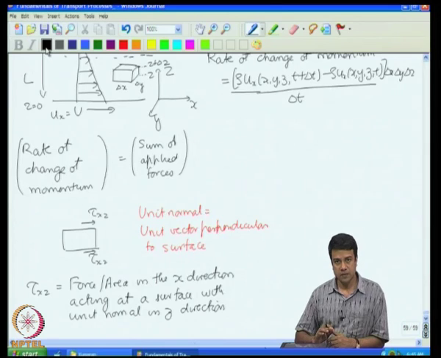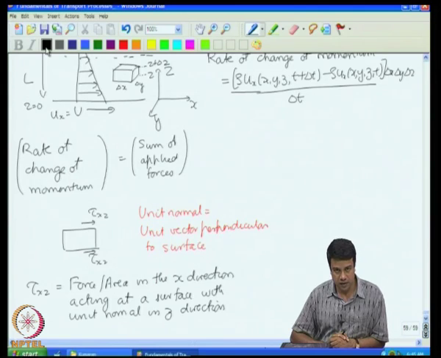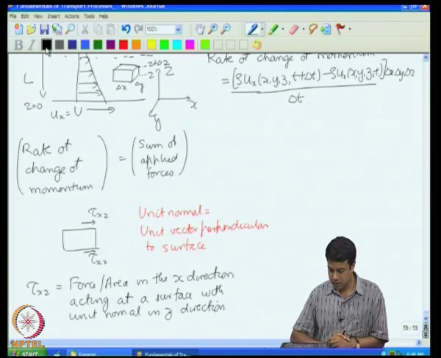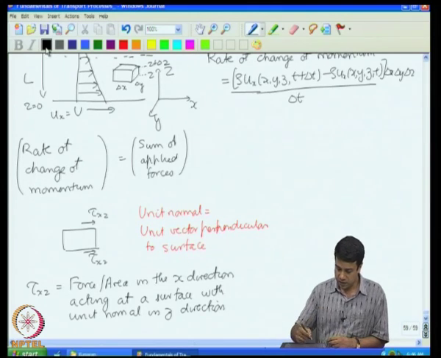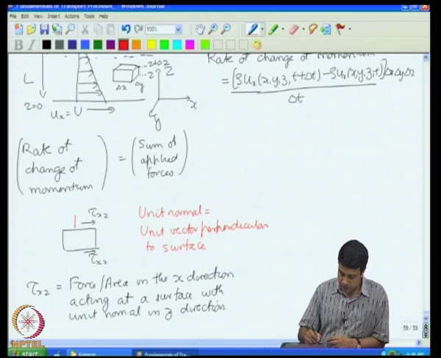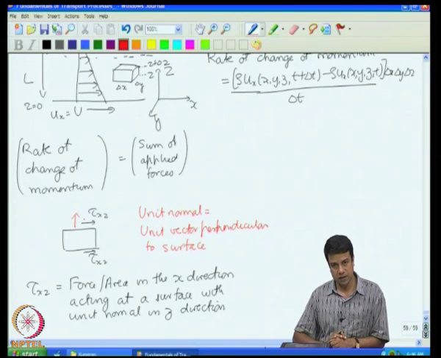Rate of change of momentum is equal to the sum of applied forces. In this particular case, momentum is in the x direction because it is the x component of the momentum, rho ux. I want the force on the top surface for my momentum balance equation. For the top surface, the unit normal is in the plus z direction.